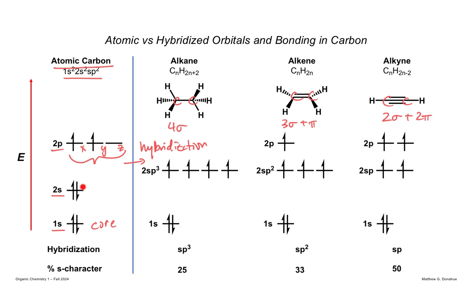So those are higher, those are lower. You mix them and they end up somewhere in between. If we draw a line over to the energy, we have 4 sp3 type orbitals. And now what we can do is take those paired electrons from the 2s orbital, we can unpair them, and then each individual orbital here gets an unpaired electron. So 1, 2, 3, 4. That then allows us to form 4 sigma bonds.